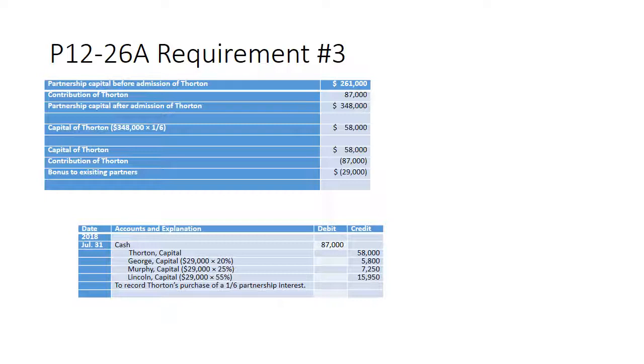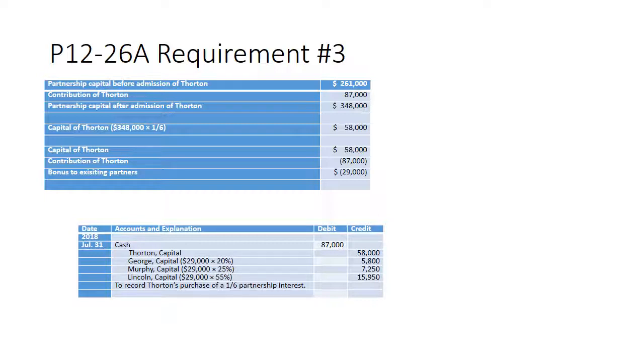Increase 87,000. So the total amount of partnership capital overall is 348,000. He agrees to take a 1/6 interest. So 1/6 of 348,000 is $58,000. So his balance in his capital account is only going to be 58,000.